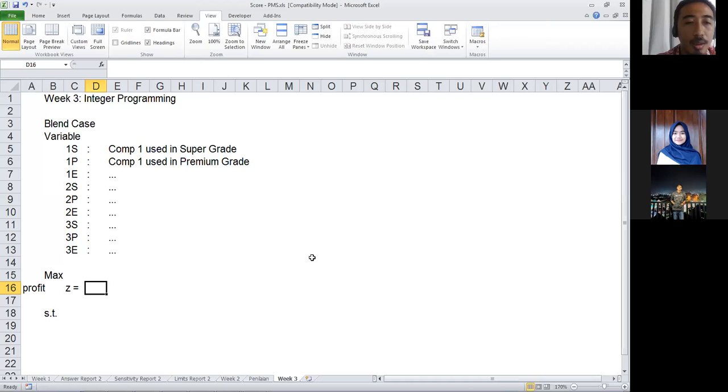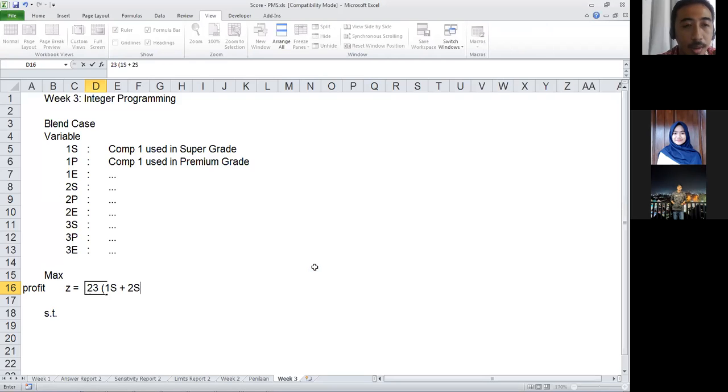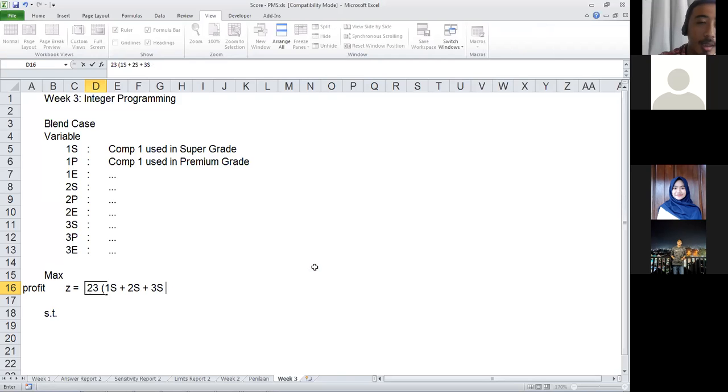So it means 23 times 1S plus 2S plus 3S. And then plus 20 times 1P plus 2P plus 3P.